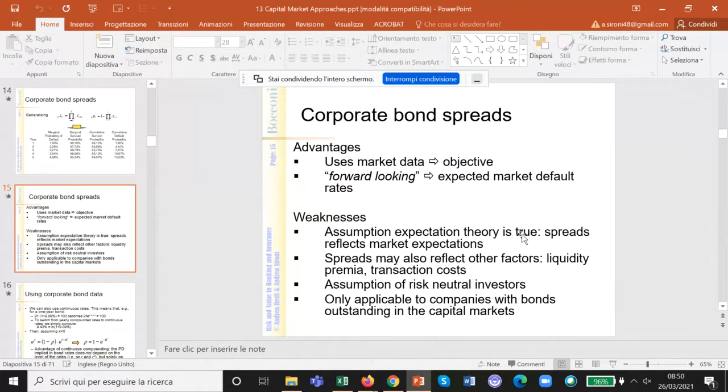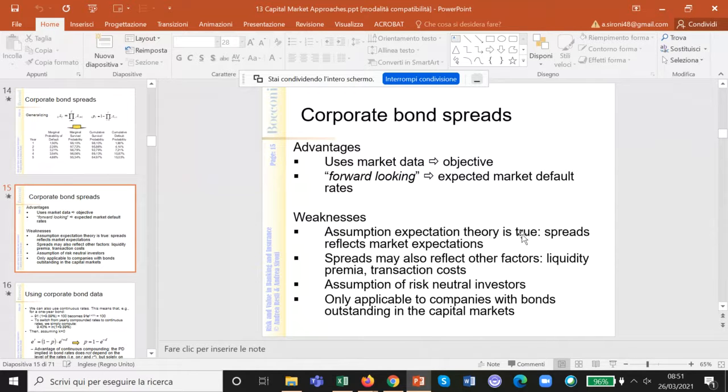On the cons, what are the weaknesses? In some way, those are the assumptions that we make. First of all, we assumed that the expectations theory is true, i.e., that the spreads correctly reflect the market expectations and do not reflect other factors, for example, liquidity premium, transaction cost, credit risk, and so on.